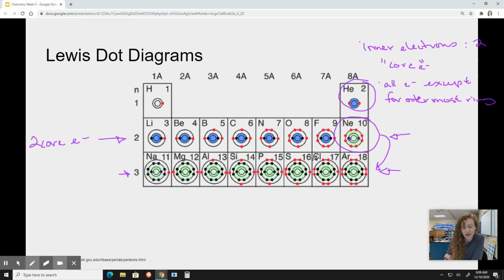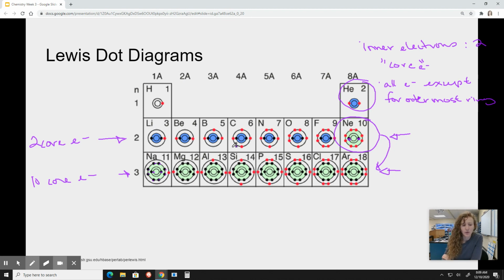Every atom inside this third period, or this third row, has 10 core electrons. It's an interesting thing that we start to notice: the cores of these atoms within one row or one period are very, very consistent. And that's going to lead to some patterns of reactivity that we're going to look at in the future.